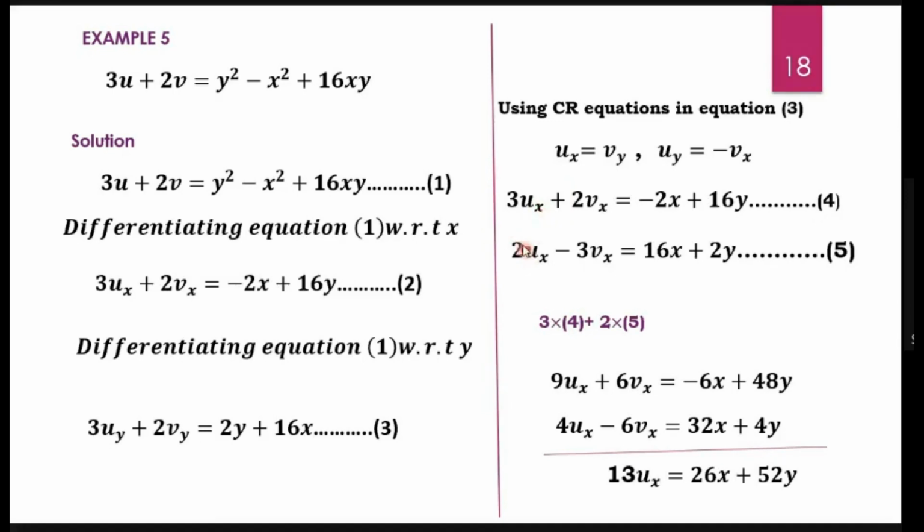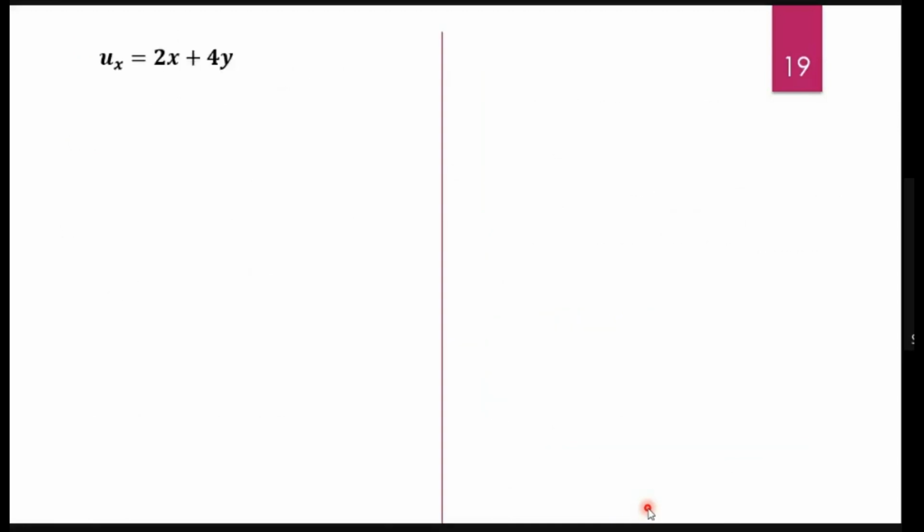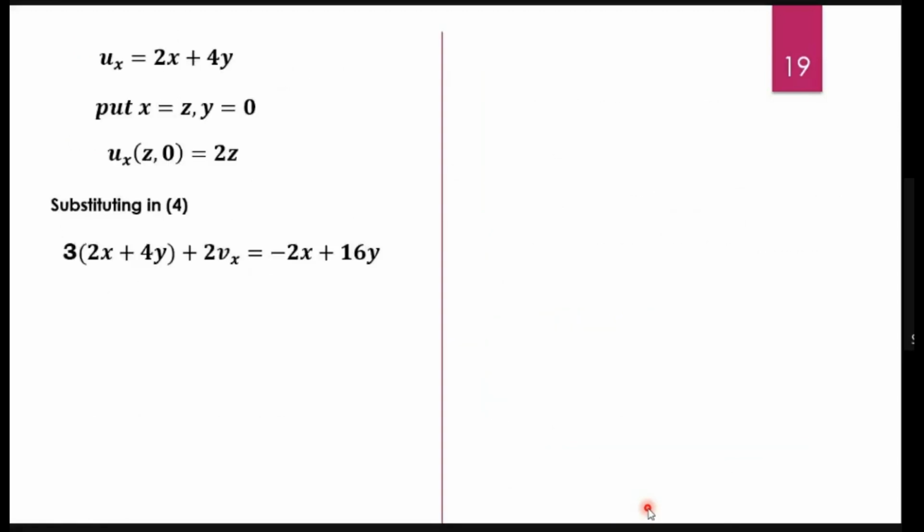What I have done is substitute ux in the fourth equation, because ux is known to us. Our ux was 2x plus 4y, and I substituted it in the fourth equation. So this is after substitution in the fourth equation.